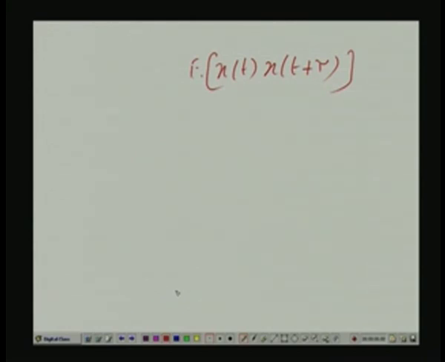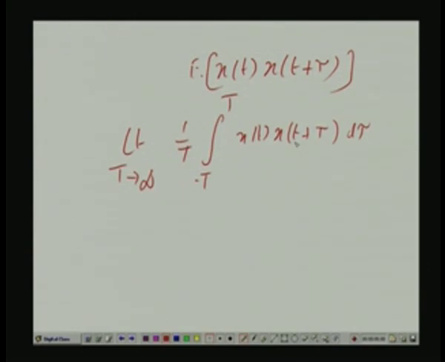But again, that question comes: does it become equal to this? That is, if instead of taking the expectation over the ensemble, I do this averaging over time, and the limit tends to infinity, does this give us this?